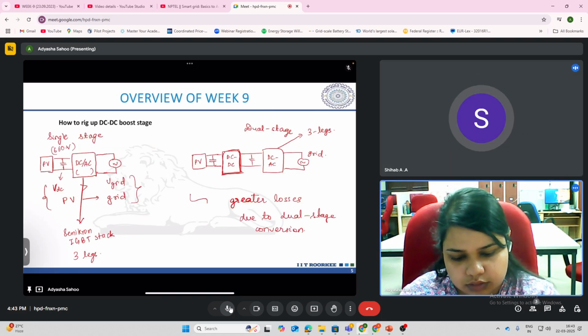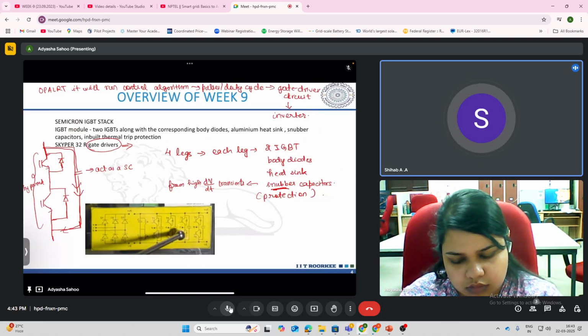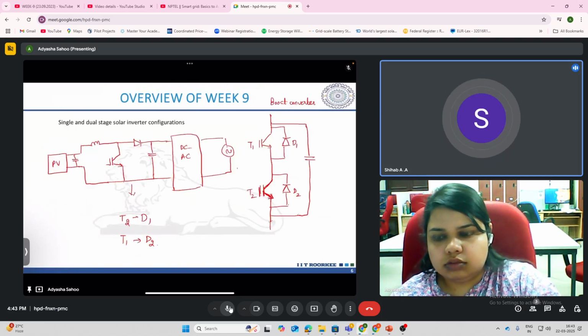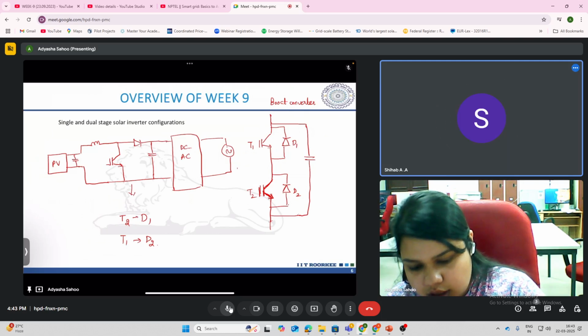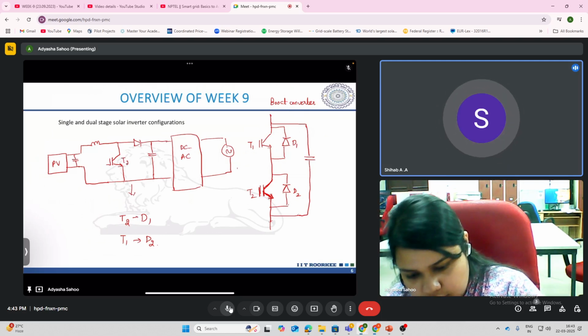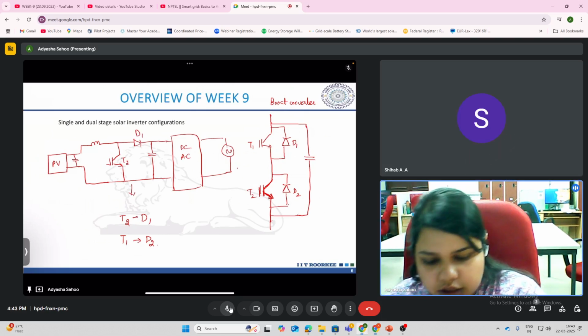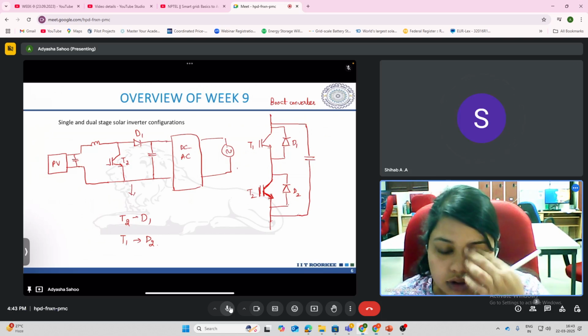body diodes. Yes, either you can use T2 and D1 or T1 and D2.